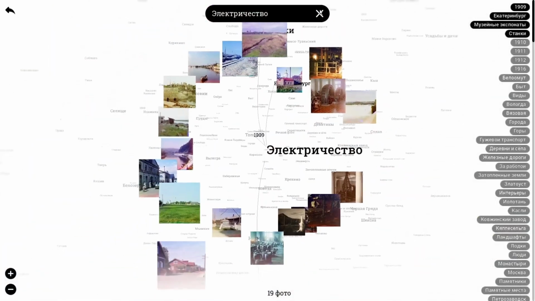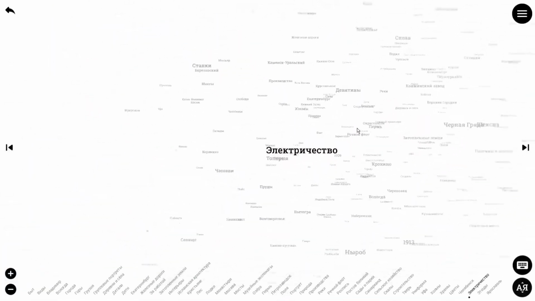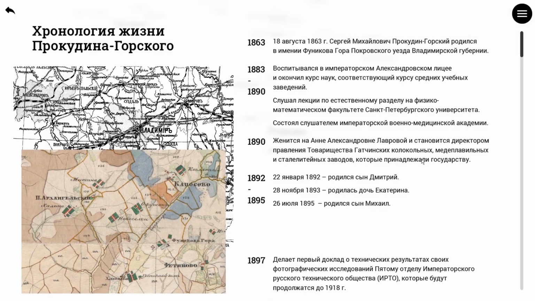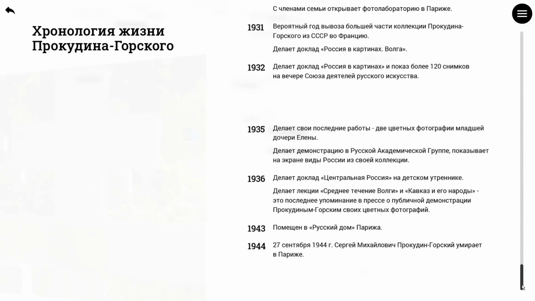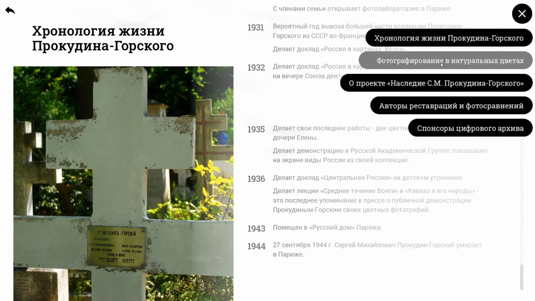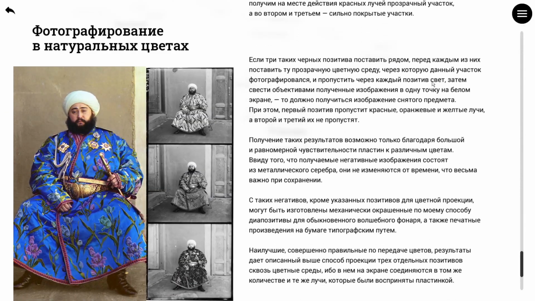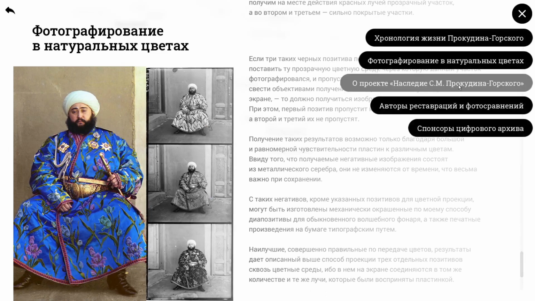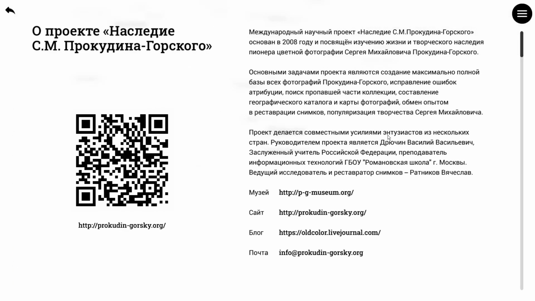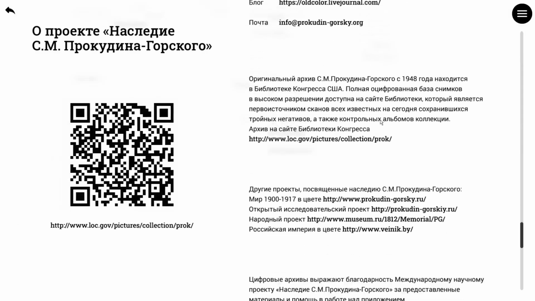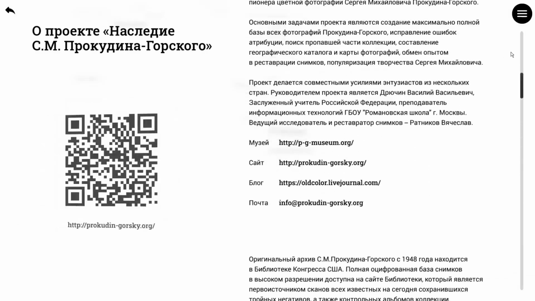Besides the archive itself, there is an additional informational part. Chronological description of his life with illustrations, an extract from Prokudin-Gorsky's report on technology of shooting with all the explanation of the technology used to obtain color photos, information on sources about the international project The Legacy of Prokudin-Gorsky and on the Library of Congress.